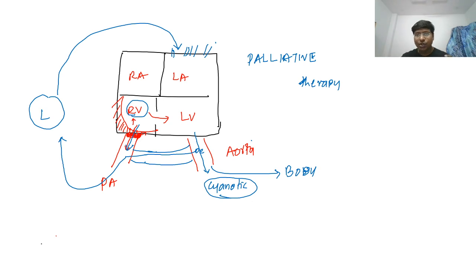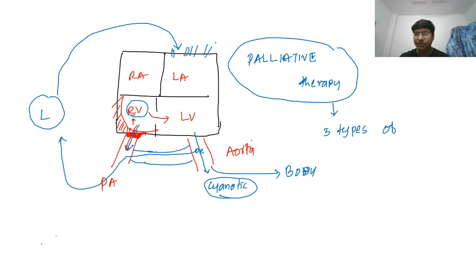Right. So now in this particular palliative therapy, we have three types of shunts. What are these shunts now? These shunts include, number one, BT shunt.